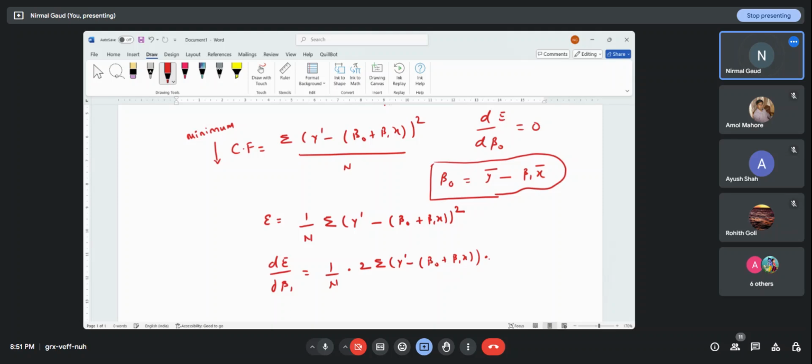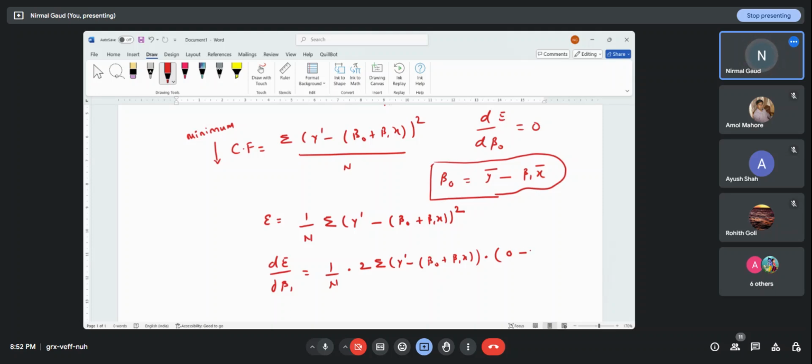dot. Now you have to go inside the bracket to perform further differentiation. So it will be like differentiating y dash with respect to beta 1, that is 0, minus differentiation of beta naught with respect to beta 1 is 0. You are having beta 1, its differentiation with respect to beta 1 will be 1. x will be the term which is left.